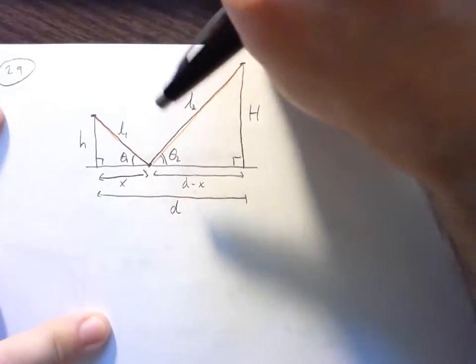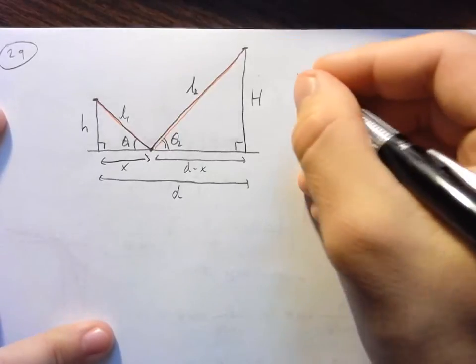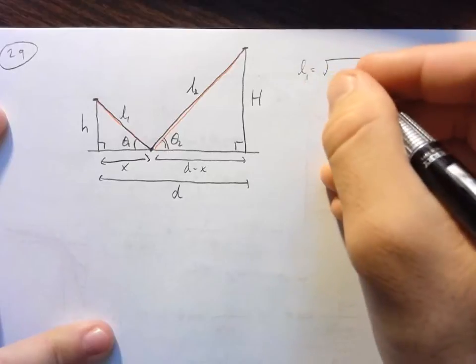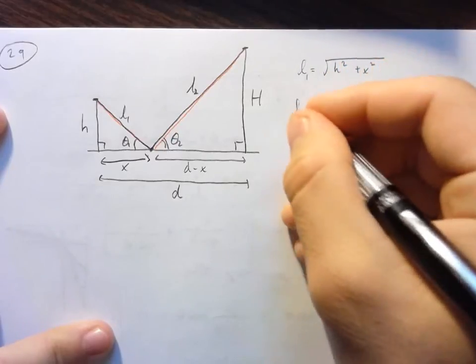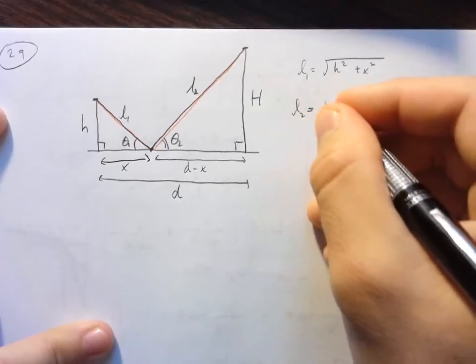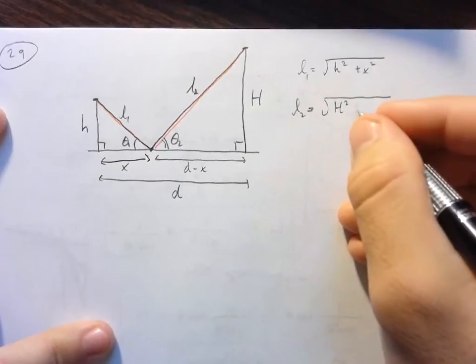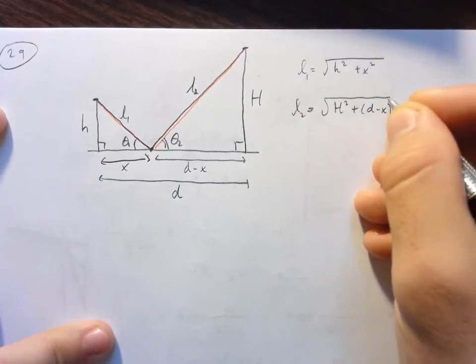I get the following equation. L1, using just the Pythagorean theorem, is going to be the square root of h squared plus x squared, and L2 is going to be the square root of capital H squared plus d minus x quantity squared.